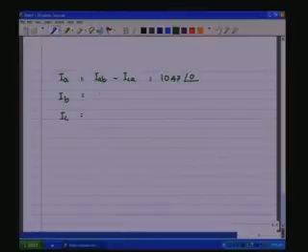Then IAB. Now, let me just calculate what happens. At a reference angle of minus 30 degrees, and IB.